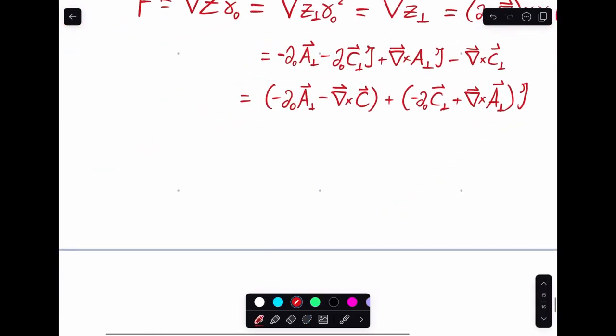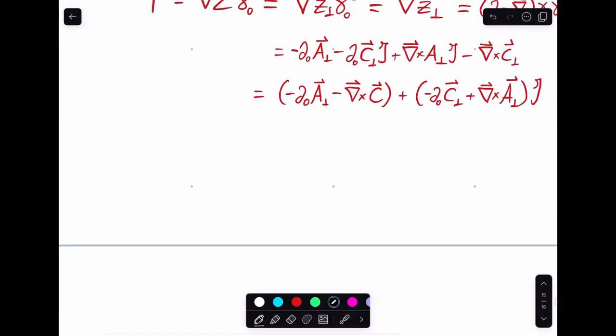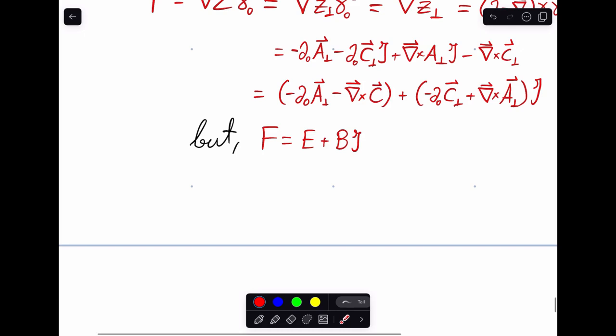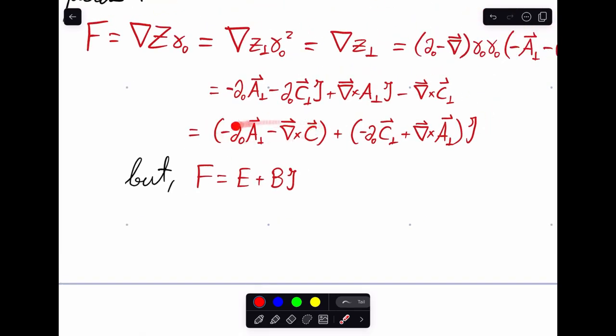So we know that F equals E plus B I. And we have something of the same form. We have something and then something I, which means that we can equate like terms.